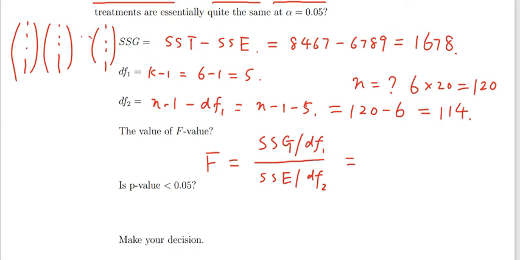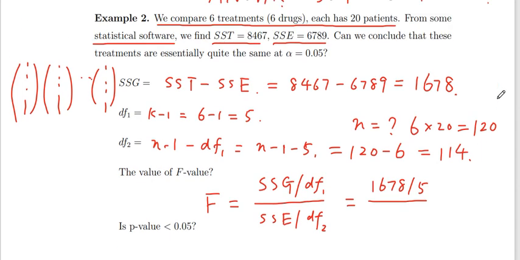SSG has degree of freedom 5, since we compare 6 groups. And SSE is 6, 7, 8, 9, over degree of freedom 114.